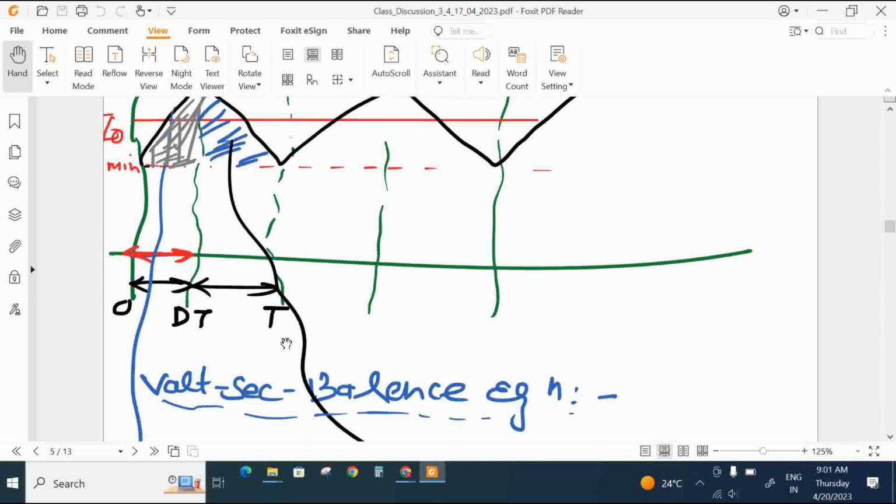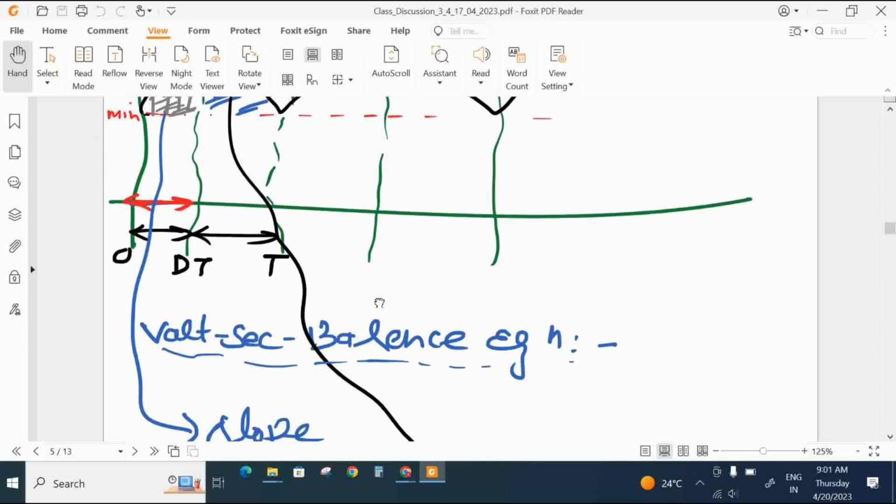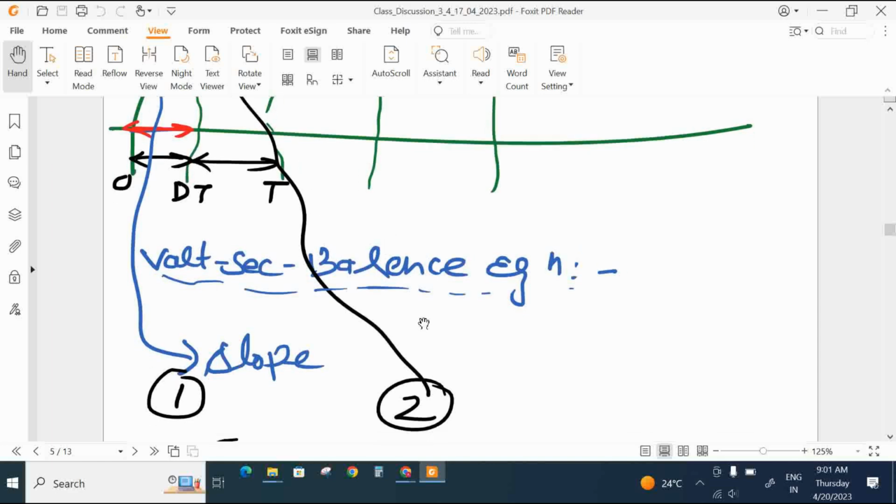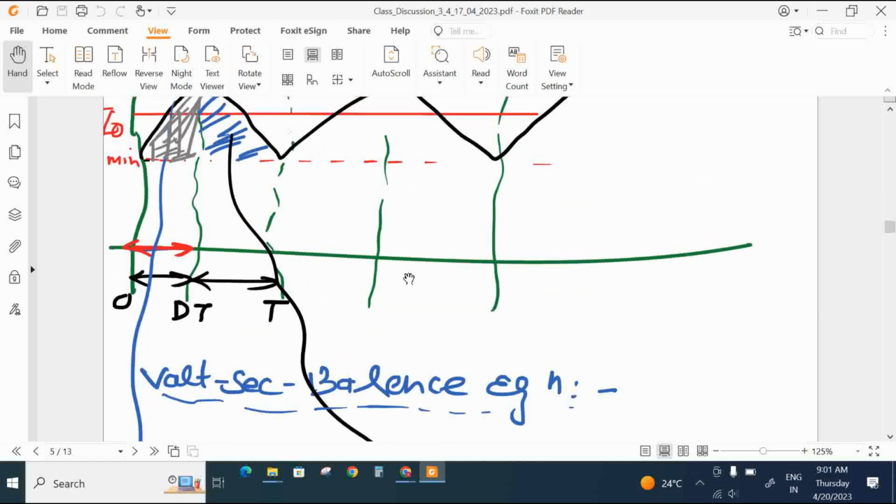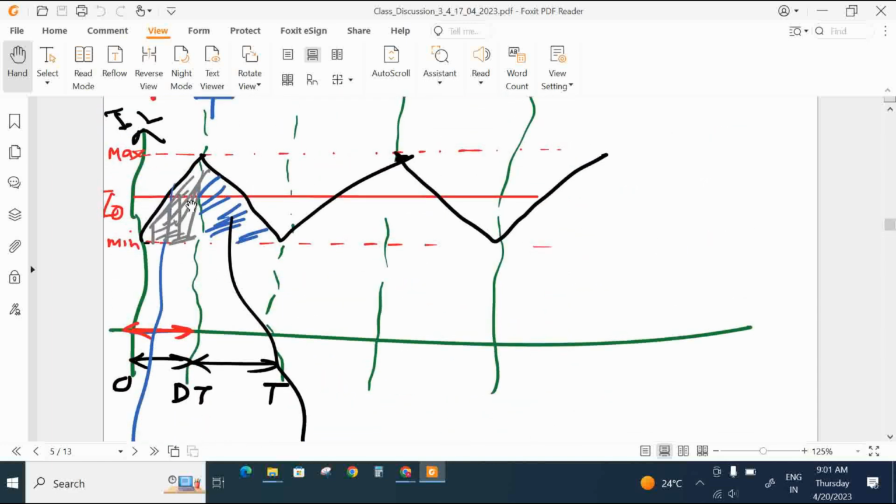And if you want to calculate the formula of the duty cycle we discussed earlier, then you can derive that formula with the volt-second balance equation. Here you have to calculate the area across these triangles, and it has to be equal.